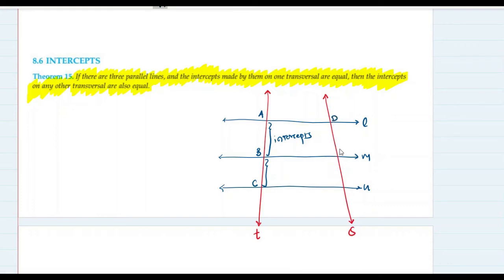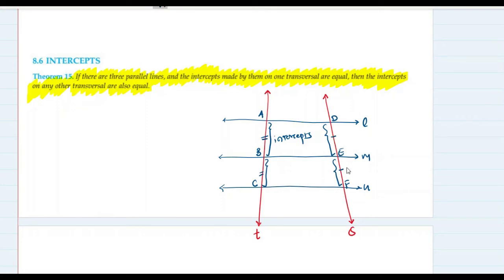Let's say transversal S is cutting lines L, M and N at D, E and F points, so that we are getting one intercept over here and another over here. So these two intercepts AB and DE will be equal, and BC and EF will be equal. And if AB is equal to BC, then DE will also be equal to EF.